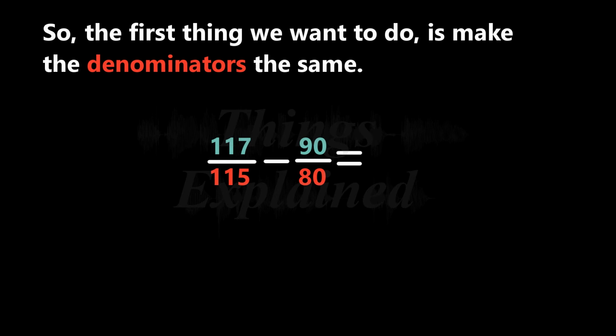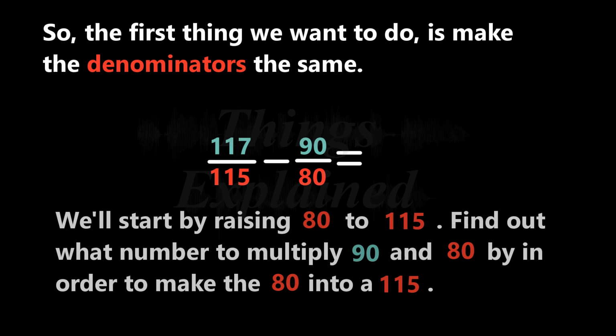So, the first thing we want to do is make the denominators the same. We'll start by raising 80 to 115. Find out what number to multiply 90 and 80 by, in order to make the 80 into a 115.